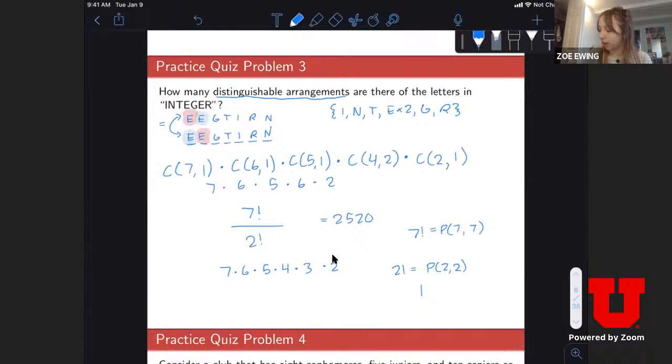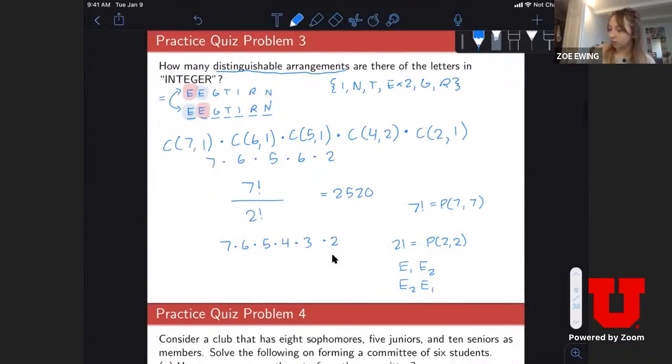So it's like saying we have E1 and E2, and we're filling those blanks. So we're taking away all the permutations, which are just E2 and E1, and we're dividing them out. But if we had 3 R's, then we would divide by 3 factorial because it would be like finding all the permutations of R1, R2, and R3, and then dividing them out.